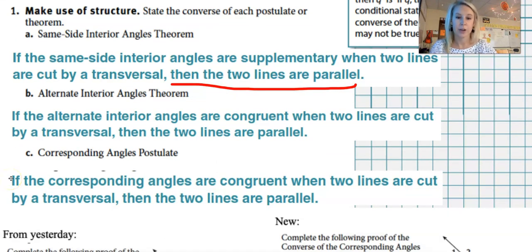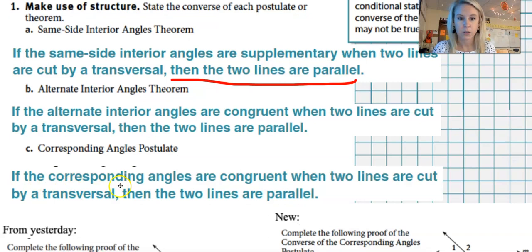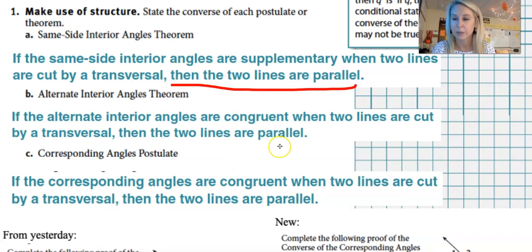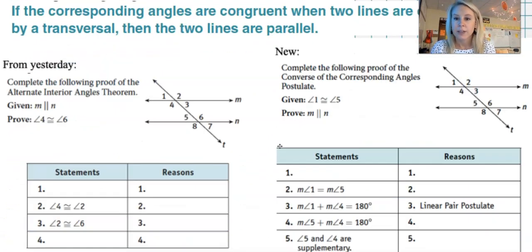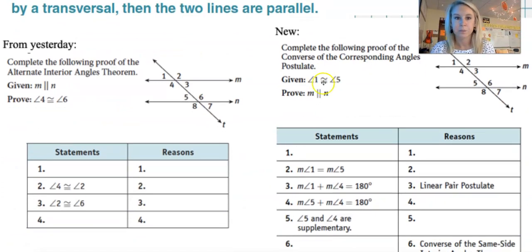Same thing for C, corresponding. We know corresponding angles are congruent. So if the corresponding angles are congruent when two lines are cut by a transversal, then I know the two lines are parallel. Okay, so it's just working backwards off of what we did yesterday. If you have any questions on how to write the converse, please let me know. Otherwise, we're going to take a look at some proofs.